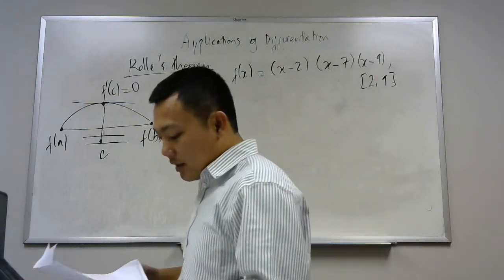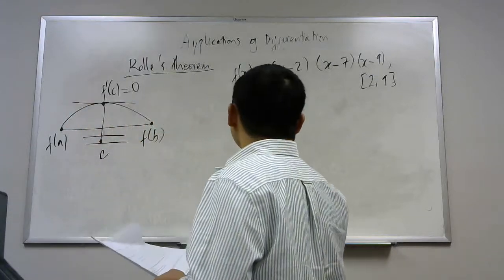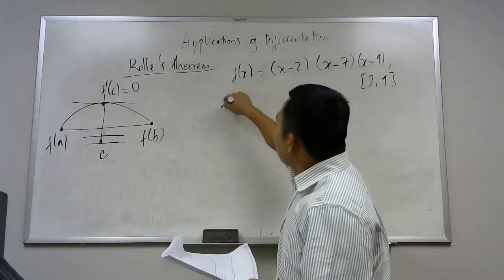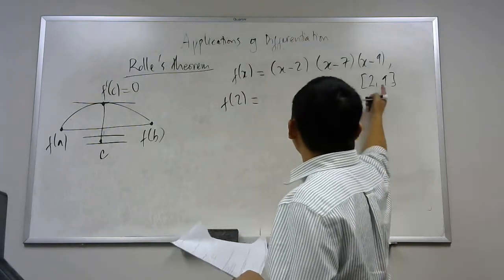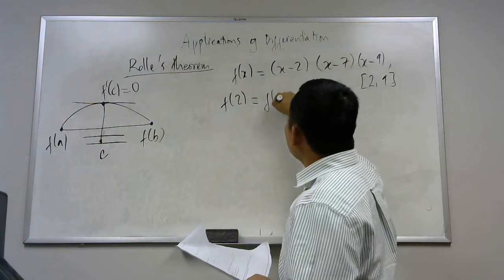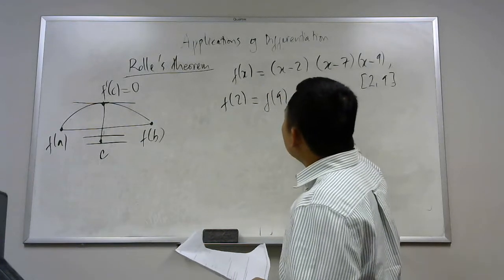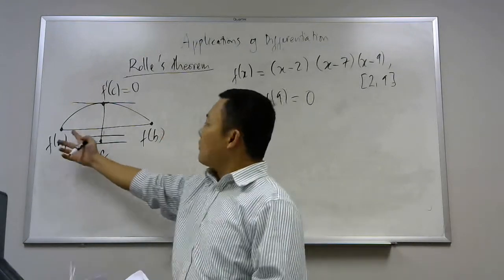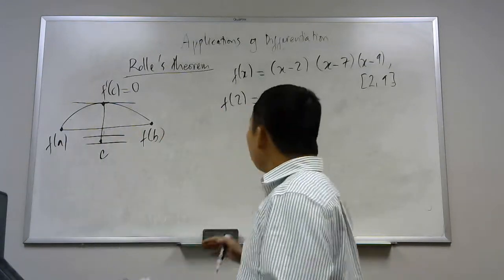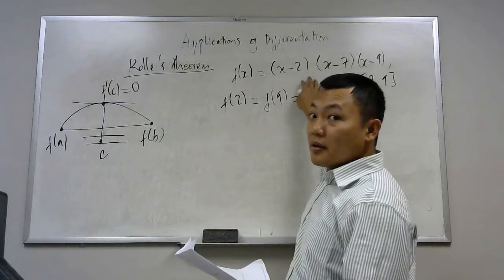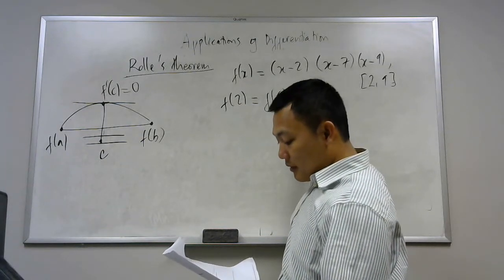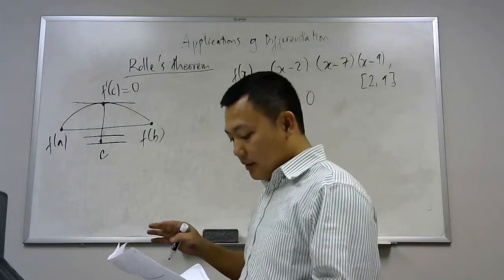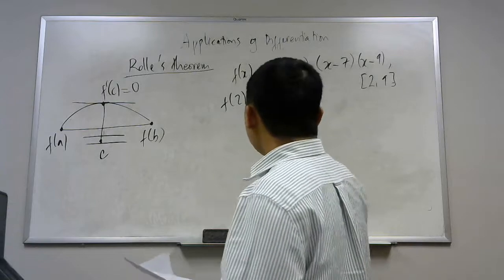Of course, you see the function is very well behaved, because you plug 2 into this, you get 0, f of 2 equals 0, and you plug 9 into this, you get 0 again, f of 9 equals 0. So the function values at 2 and 9 are equal, right? And of course, your function is a polynomial, so it is differentiable everywhere. So Rolle's theorem can be applied to this function.